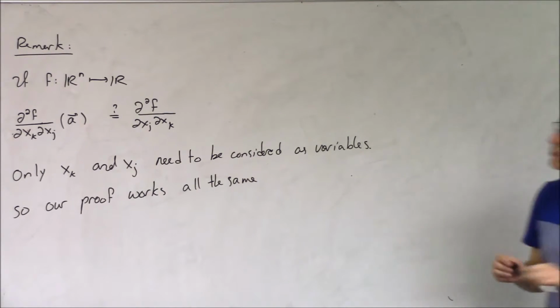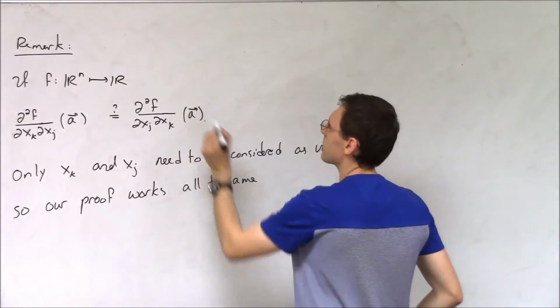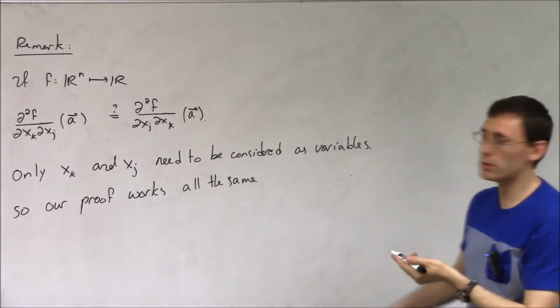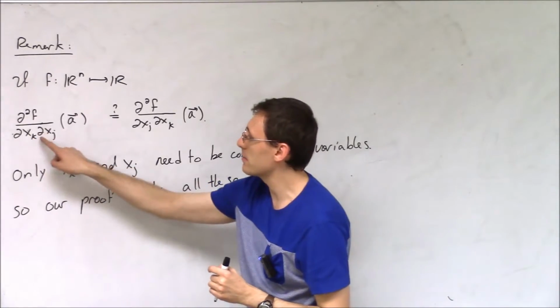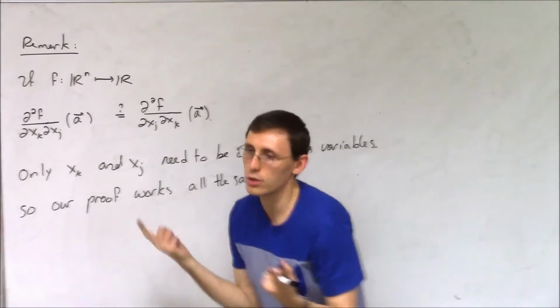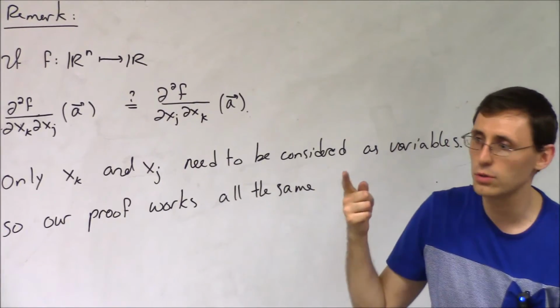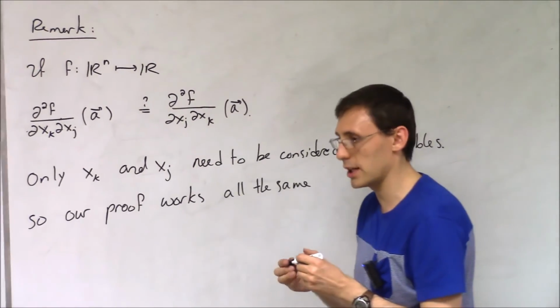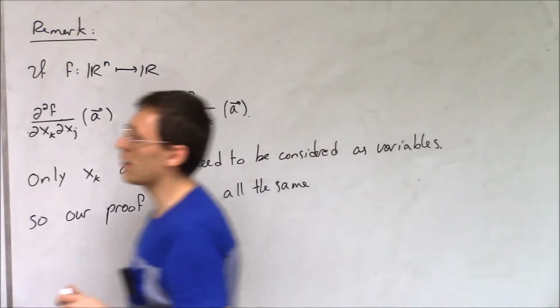Yes, the A vector, of course. Okay, so the proof would work all the same, because when I take partial derivatives with xk and xj, those are the only variables. Everything else is fixed, right? So really, the proof that we gave for R2 to R would be generalized immediately to any function from Rn into R.